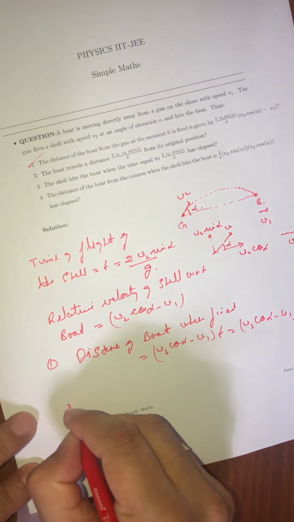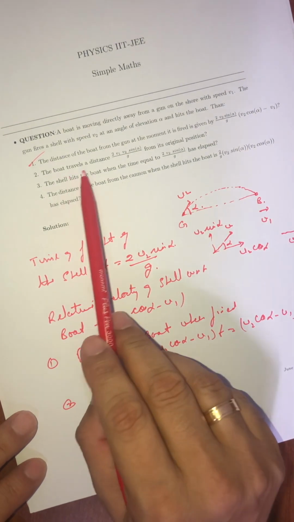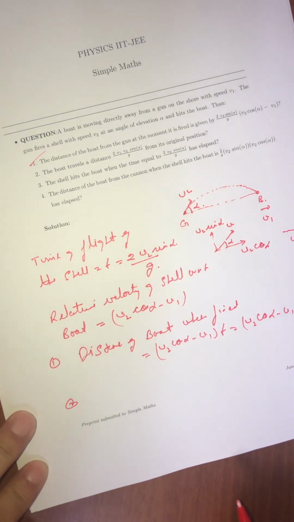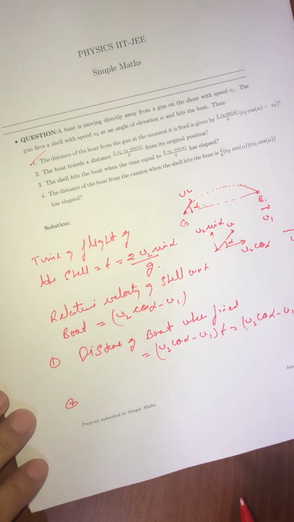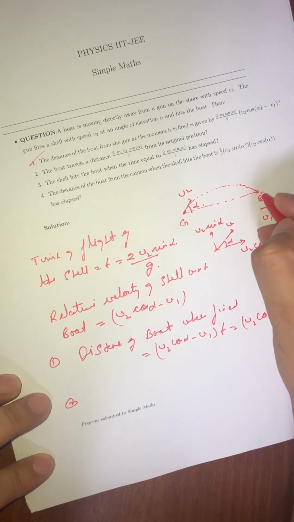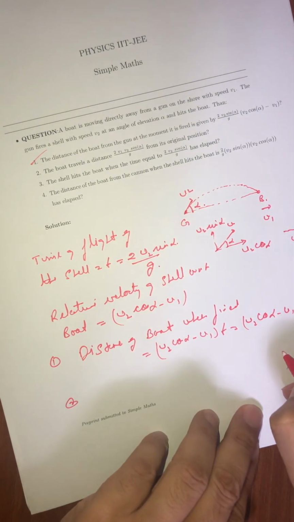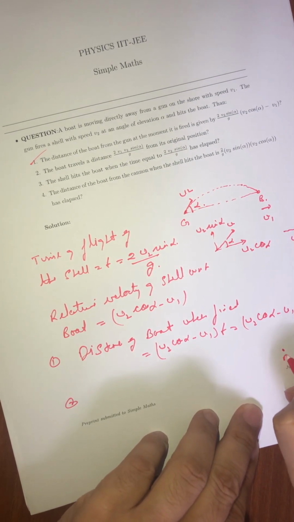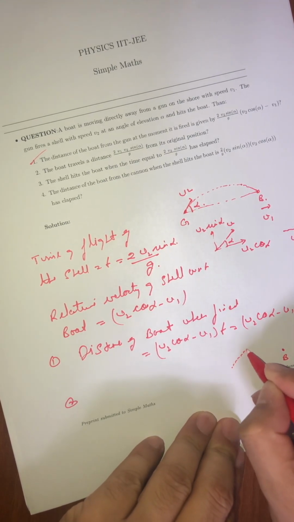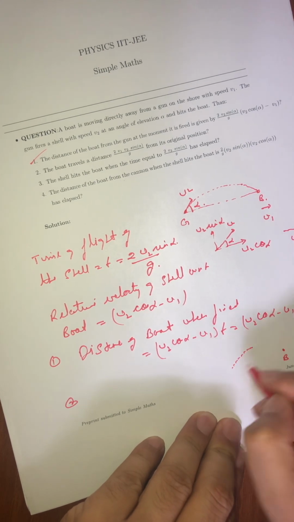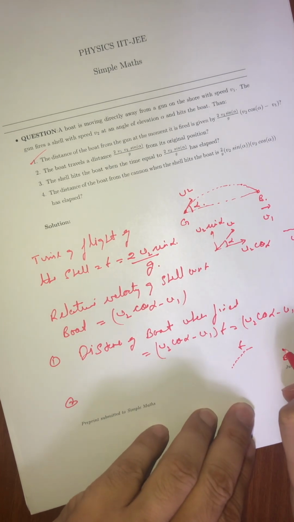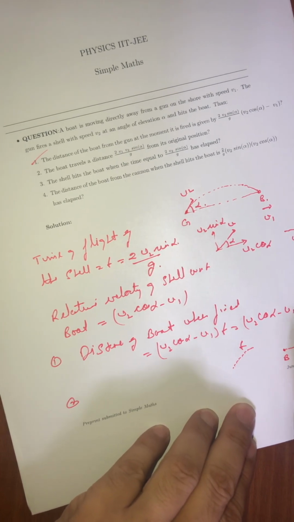In the second part, we are going to find that the boat travels a distance of this from its original position. So we are going to find out how much distance is traveled by the boat when the shot is fired. Initially let us assume that the boat is at position B when the shot is fired. The time of flight of this shell is t. So within time t, let us suppose the boat travels to B prime.